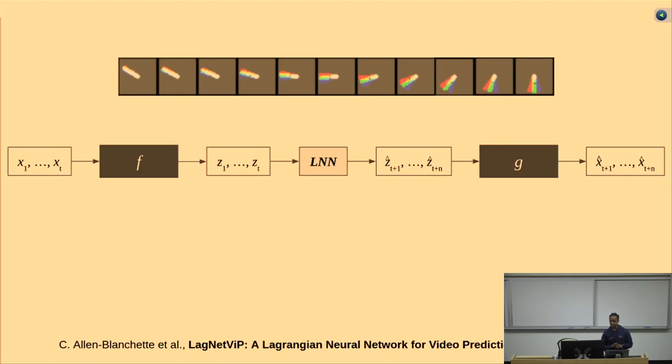And so when this came out, there have been a few works since this one, but when this came out, other Lagrangian neural networks that were used for video prediction either used latent spaces that had much higher dimension than the number of degrees of freedom in the system, which means that they could be really difficult to integrate into downstream processes, or they required explicit knowledge of the generalized coordinates.